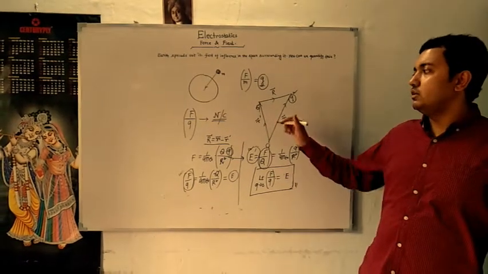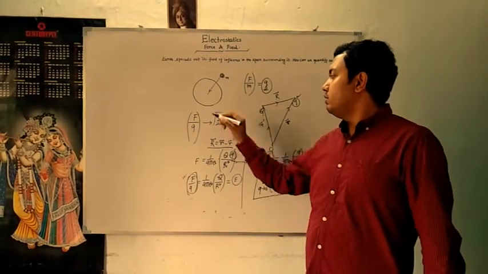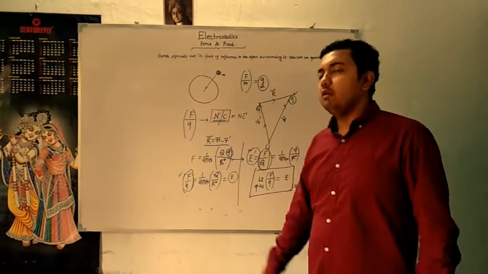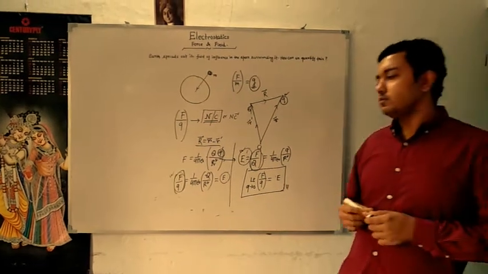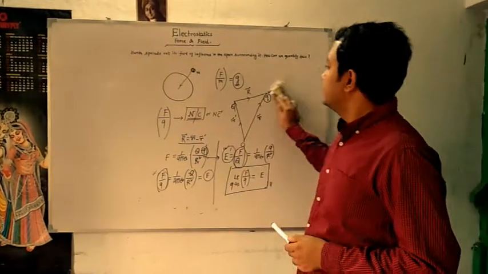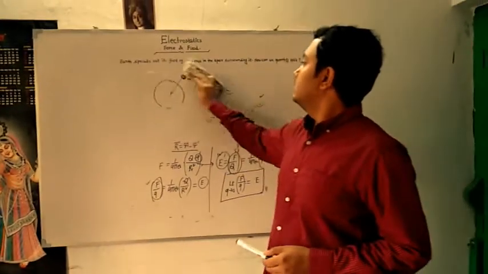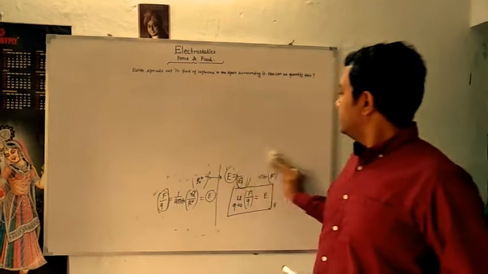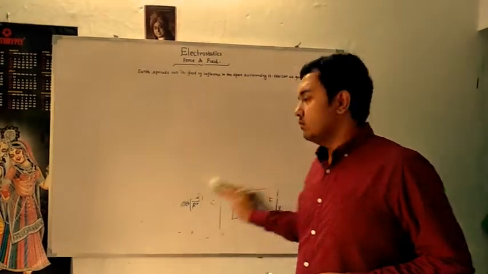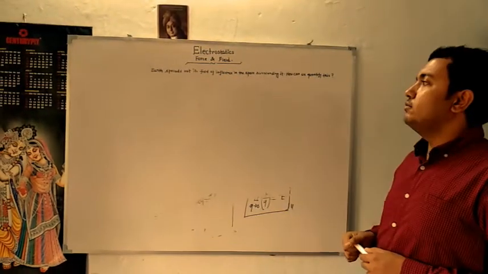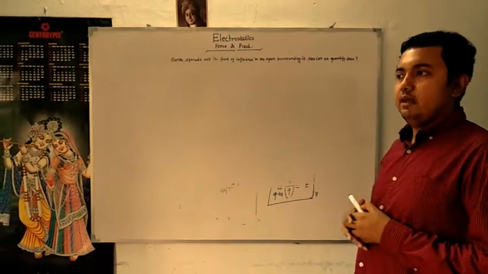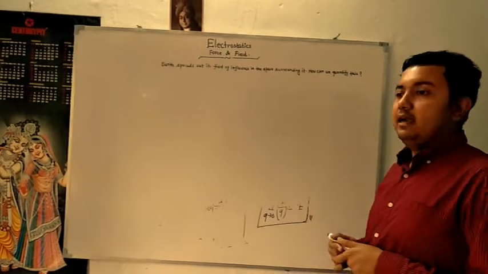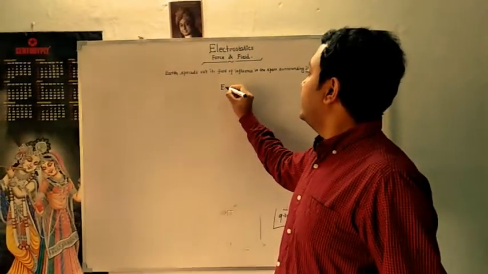The field has a unit, SI unit, Newton per Coulomb or Newton Coulomb to the power -1. Now, this electric field, if we interpret the electric field geometrically, the process was first introduced by Faraday and it is called electric field lines.